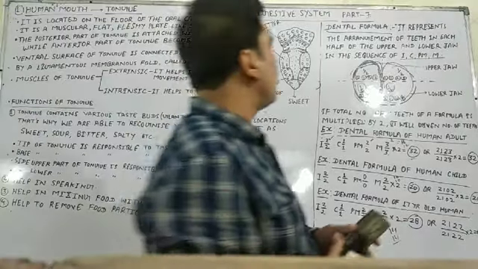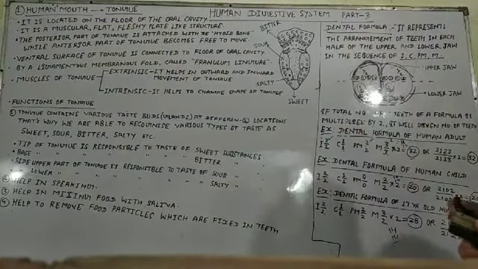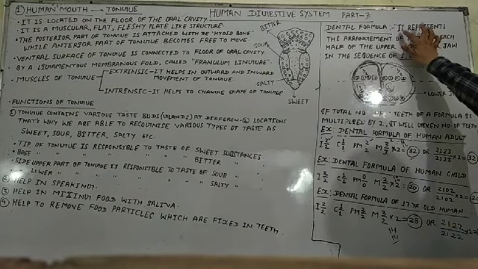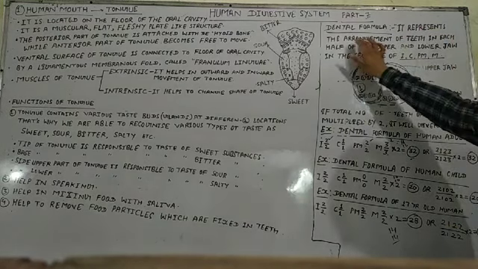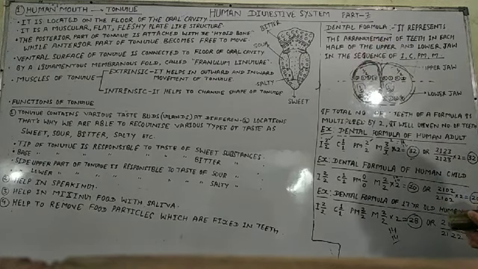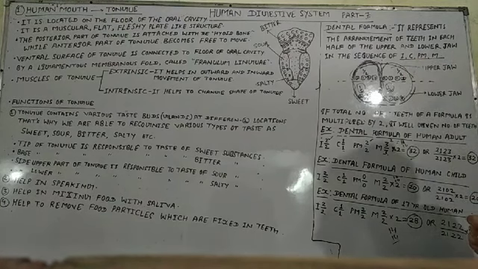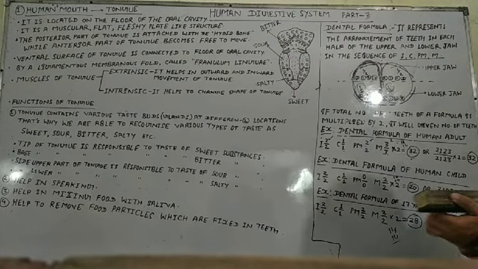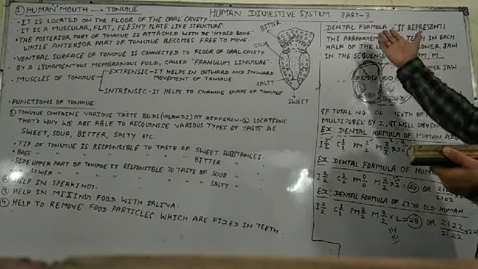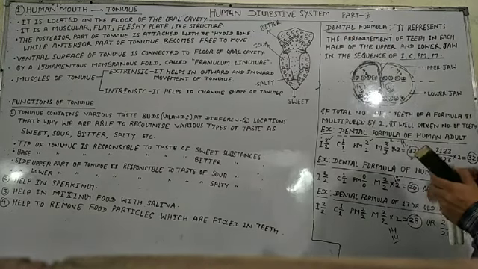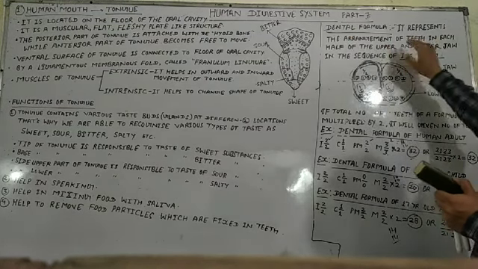So first of all, what is dental formula? Students, I have written here that it represents the arrangement of teeth in each half of the upper and lower jaw in the sequence of I, C, PM and M. Dental formula says that it represents the arrangement of teeth.